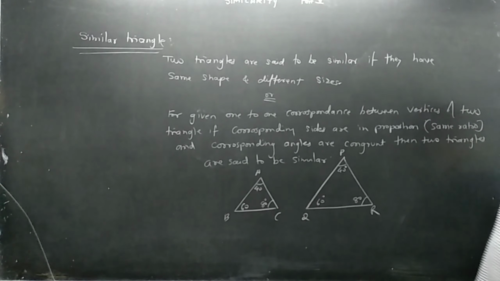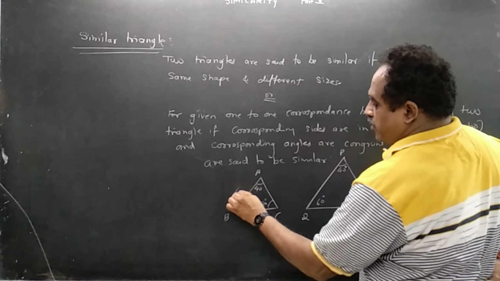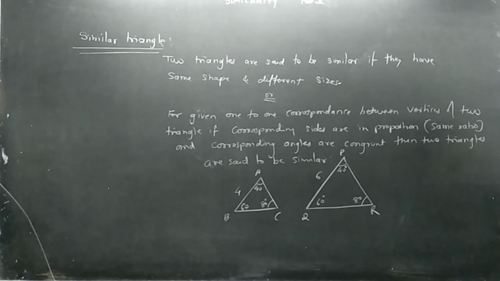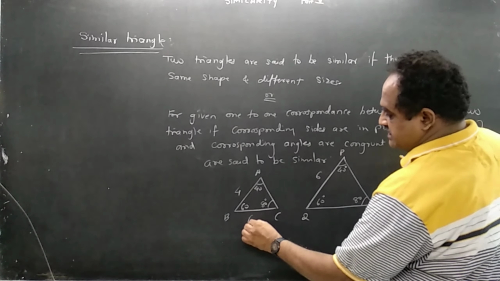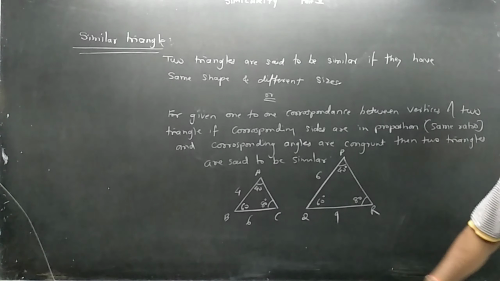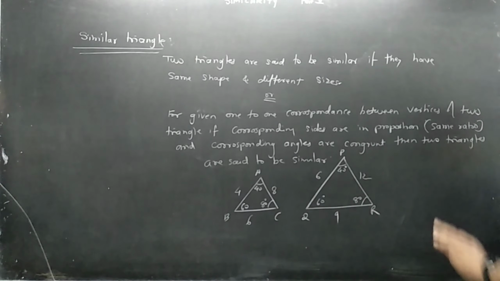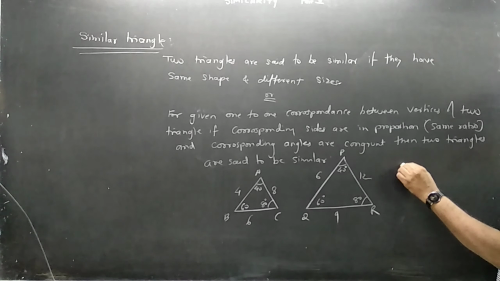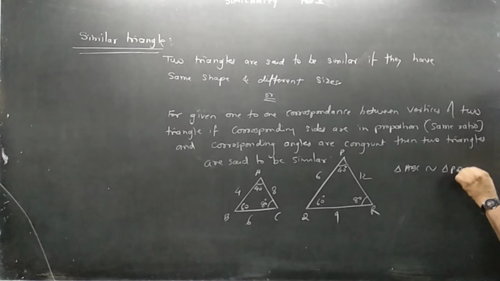Means I can say corresponding angles are congruent. But if it is 4 and 6, means ratio is 2/3, then I know that if it is 6, this will be 9. Again the ratio will be 2:3. If it is 8 and 12, again the ratio will be 2:3. So in this case I can say that triangle ABC is similar to triangle PQR.